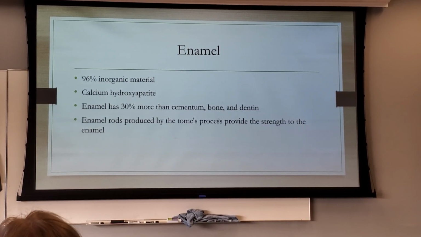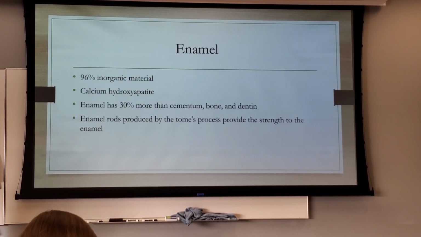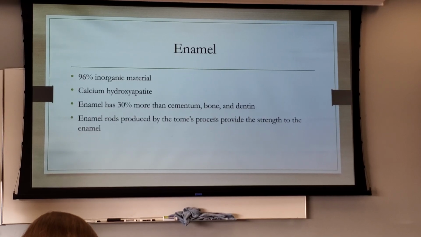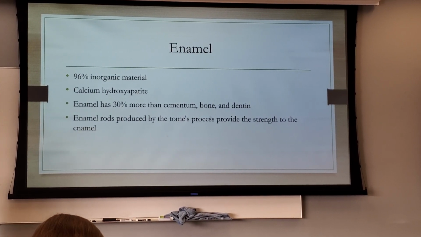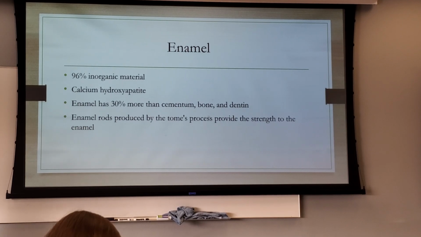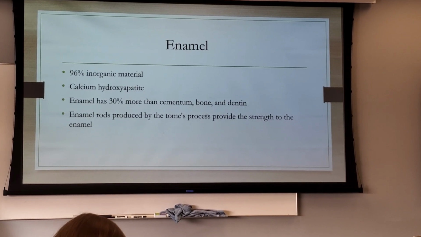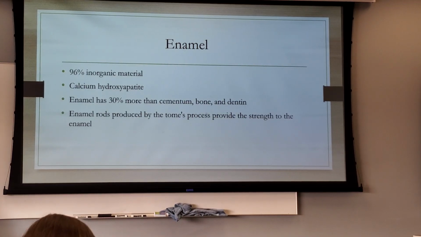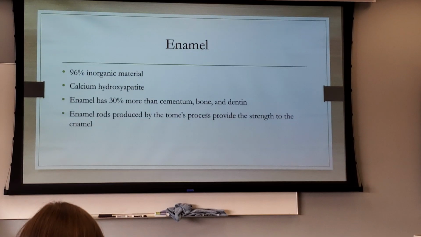And then the enamel has 30% more of the calcium hydroxyapatite than our cementum and our bone and our dentin. So our cementum has the calcium hydroxyapatite, our bone also has it, our dentin has it, but our enamel has 30% more of it because it's stronger than dentin, right? It's stronger than bone and cementum.